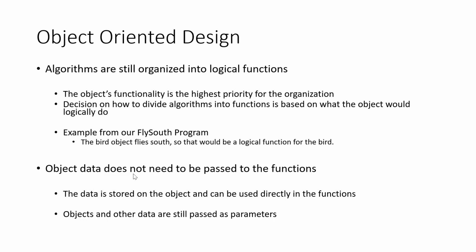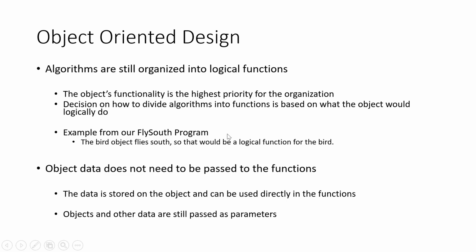The difference is that we're looking at the object as the highest priority for the organization. First, we look at the object, what it does, what algorithms each object needs, but then we can also still divide those algorithms into further smaller functions based on what we logically want to do.